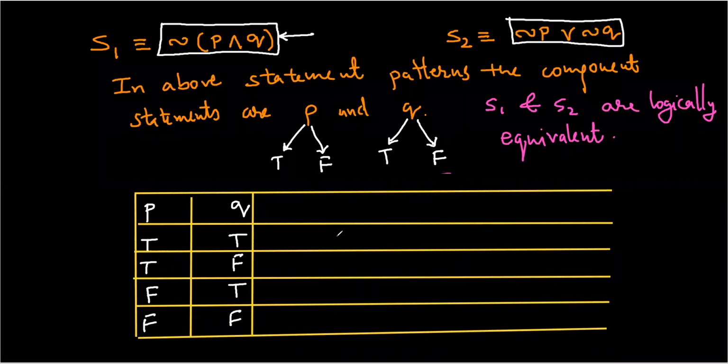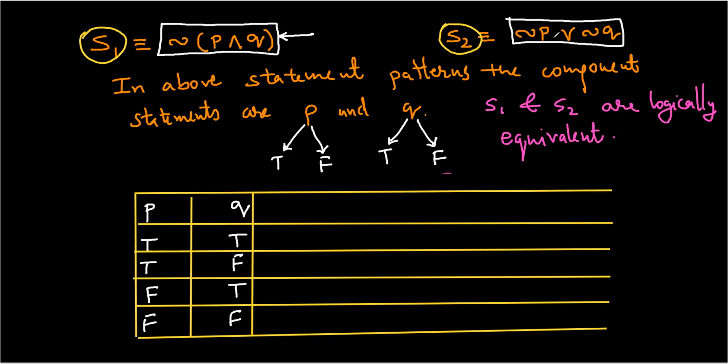So this is your truth table, with P and Q. I have to construct the truth table of both the statement patterns simultaneously, so I will take care that I have enough columns to have both of these in one table.